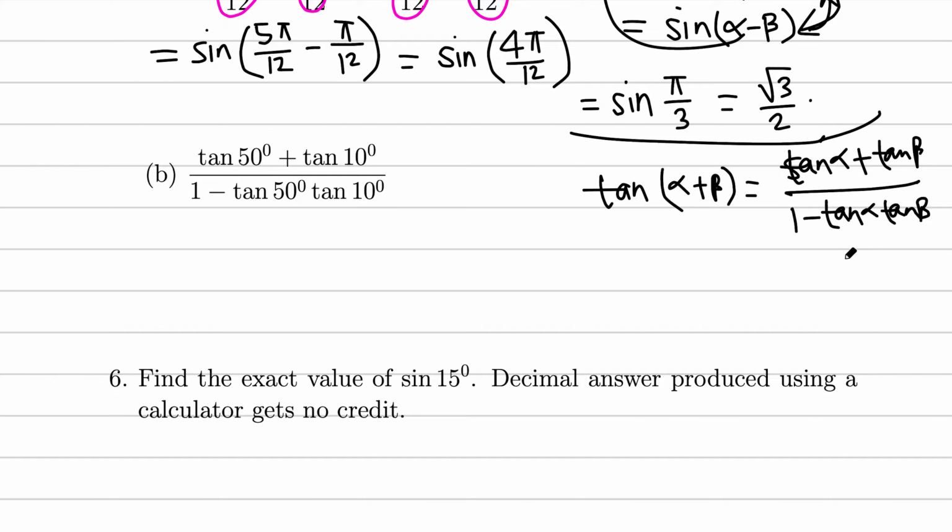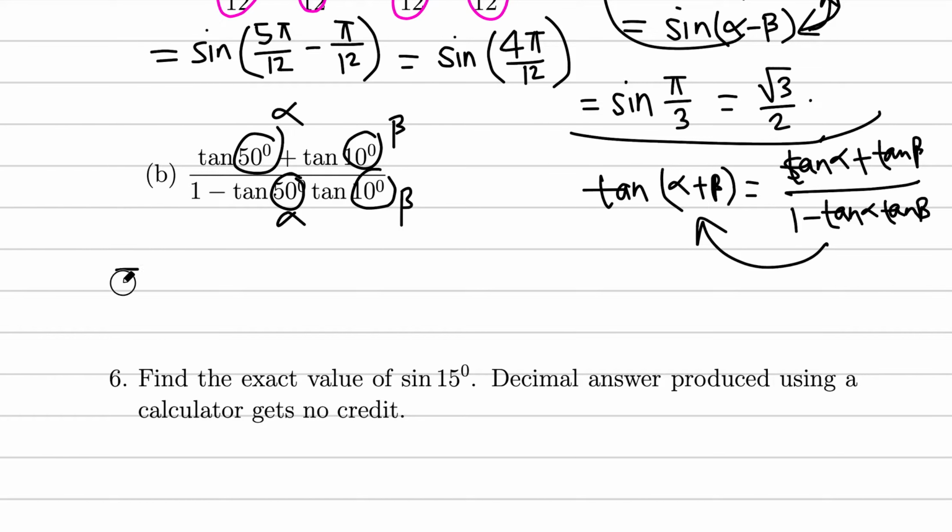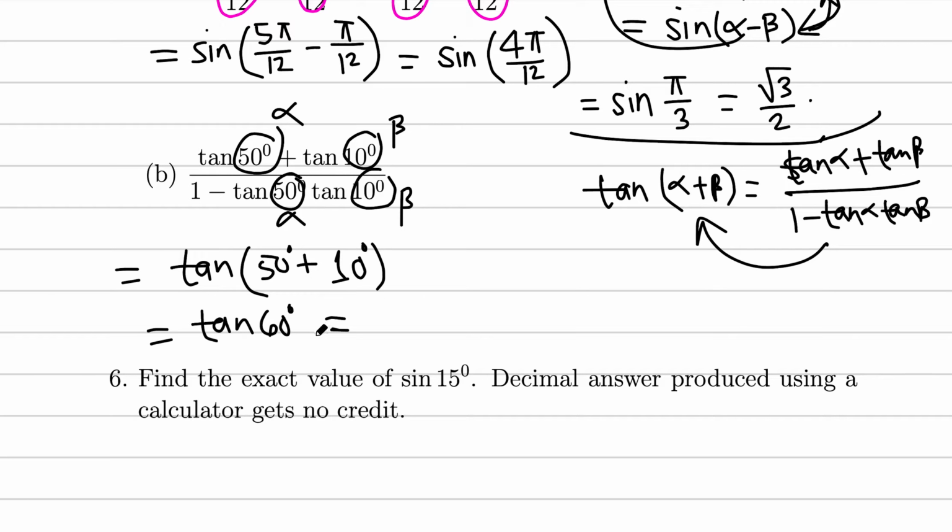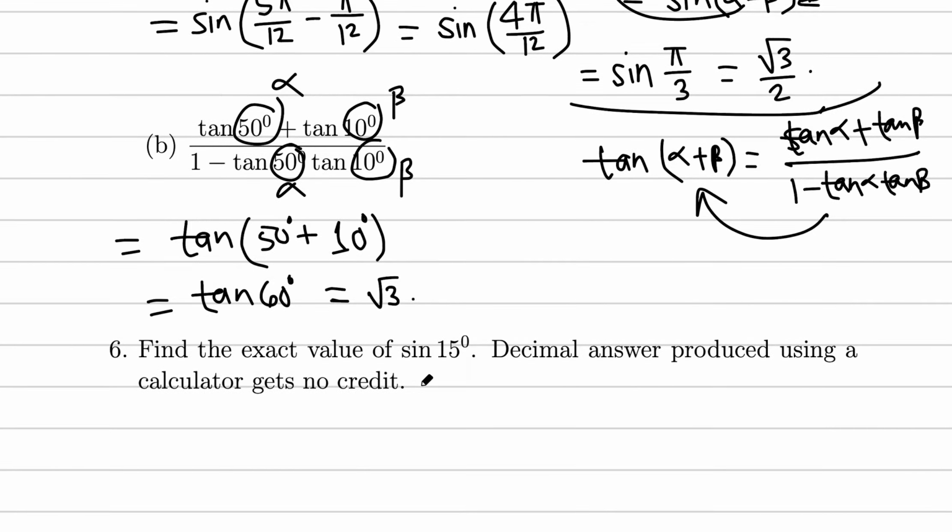That means the whole thing is tangent of the sum of two angles, which is 50 plus 10. That is tangent 60 degrees, or tangent pi over 3. Look at the unit circle. Tangent means y over x, so root 3 over 2 divided by 1/2 is just root 3. Tangent 60 is root 3.